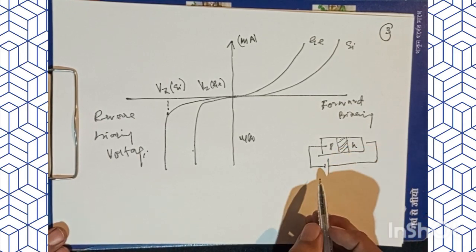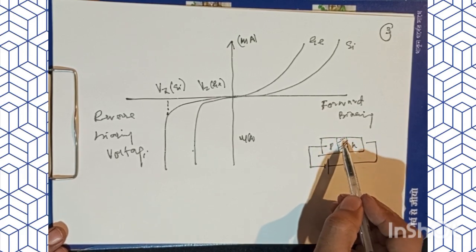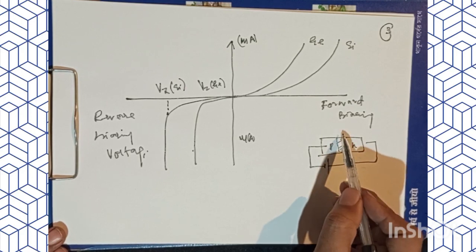Now, the point here is that at the p-n junction of this diode we have the depletion layer.